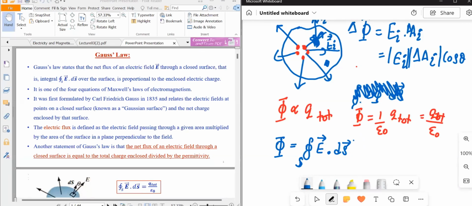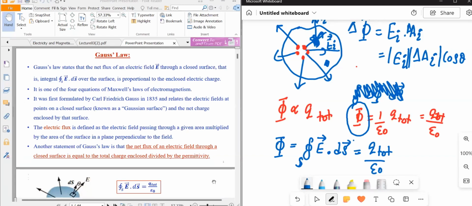And this psi is equal to, now we have this equation, and previously we obtained this relationship, psi is equal to Q total over epsilon naught. Now this is the Gauss law that we are going to use.